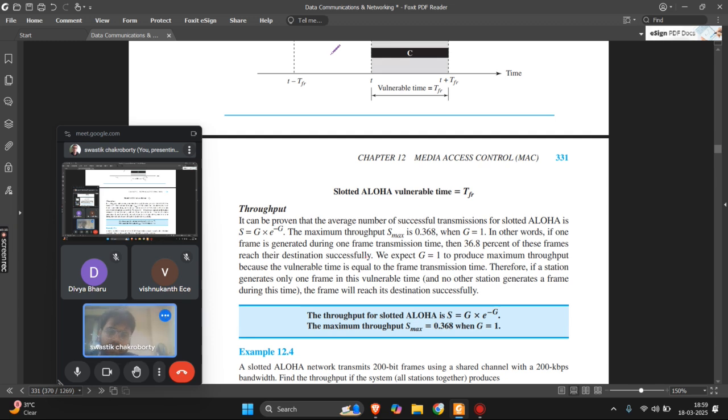So even if only one frame is produced at the beginning of each slot, you will have collisions because other packets might be in the backlog. The maximum throughput is then 36.8%. So even if only one frame is produced per time slot, only 36.8% of the packets will be successfully sent.